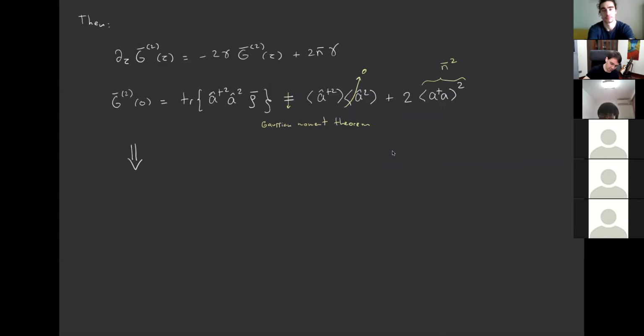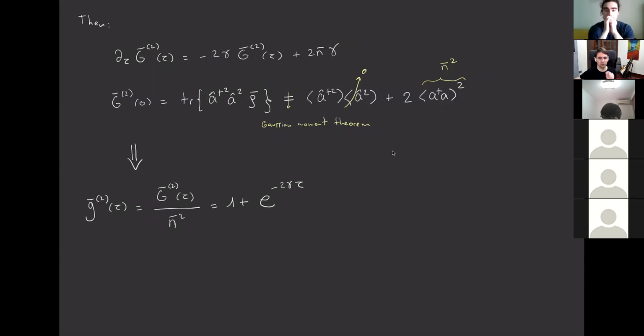And you can find very easily that the normalized G2 function for this thermal case, so again G2 of tau divided by G1 of 0 to the 4th, square root of that, so this is n squared, you can write in this very simple and nice way: 1 plus exponential of minus 2 gamma tau.